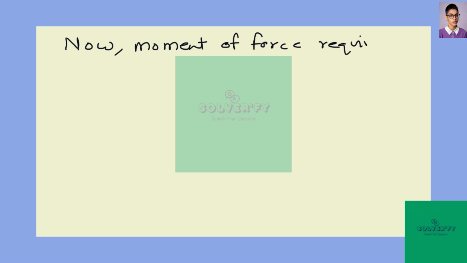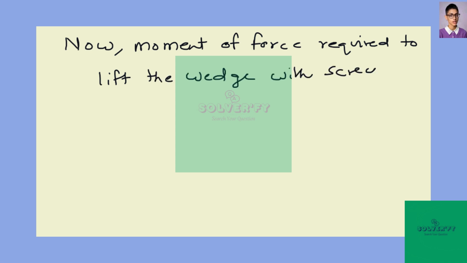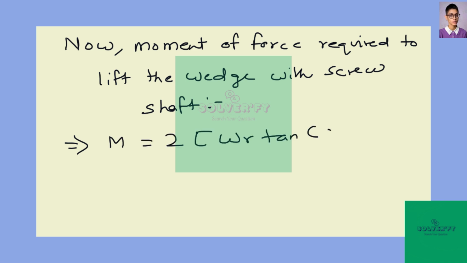Now going ahead and writing the moment of force required to lift the wedge with screw shaft. So M is equal to 2 into WR tan of phi plus theta.